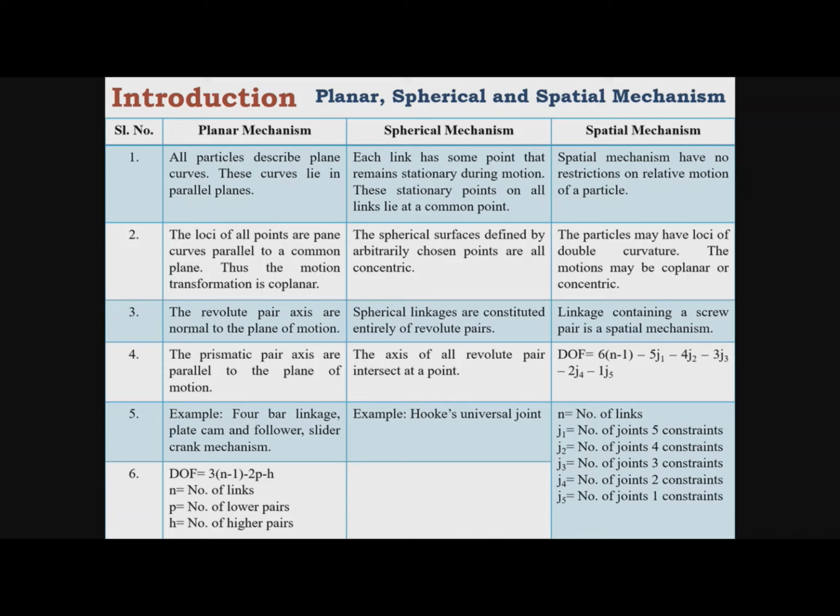Whereas for spatial mechanism, the degree of freedom can be obtained by 6(n minus 1) minus 5j1 minus 4j2 minus 3j3 minus 2j4 minus 1j5. n is number of links, j1 is number of joints with 5 constraints, j2 is number of joints with 4 constraints, and so on.